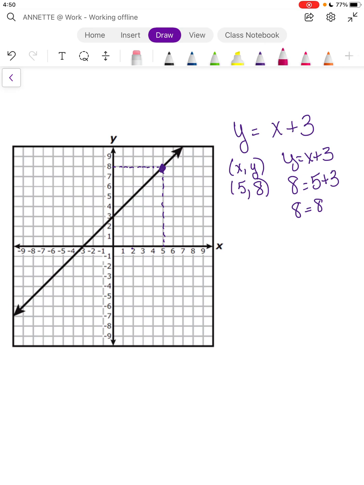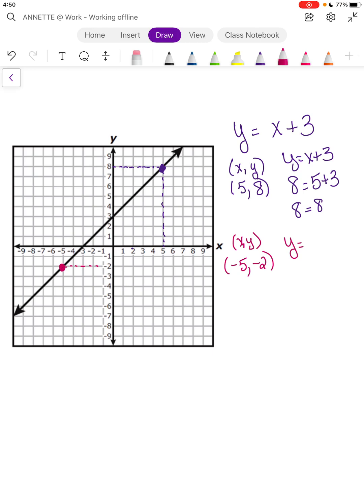All right, let's choose a different point on the line. Let's choose that point right there. So that point is x equals negative 5, and then our y is negative 2. Sorry, Ms. Johnson forgot how to write there for a second.